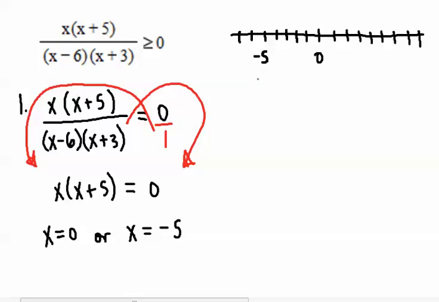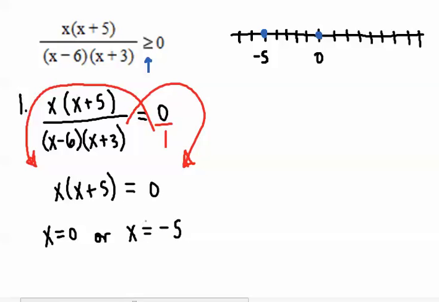Now, I'm going to go ahead and just put a solid dot down right away, because are we going to allow equality in this question? Yeah, that means we're going to allow the spots where they actually intersect. Those two are called the x-intercepts.